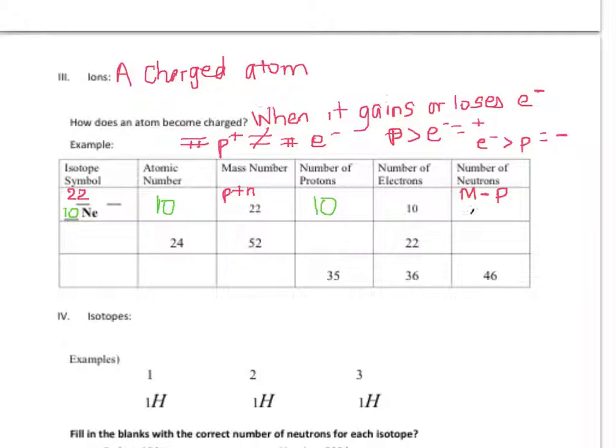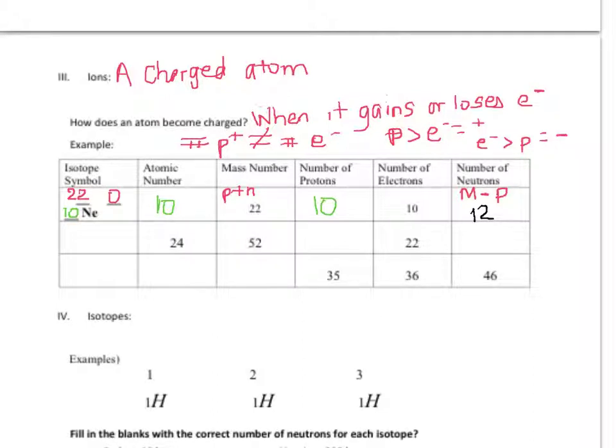That leaves us with 12. Now, since the number of protons is equal to the number of electrons, they have equal numbers of positive and negative charges, so our overall charge will be 0. Positive charges equal negative charges, so the overall charge will be 0.